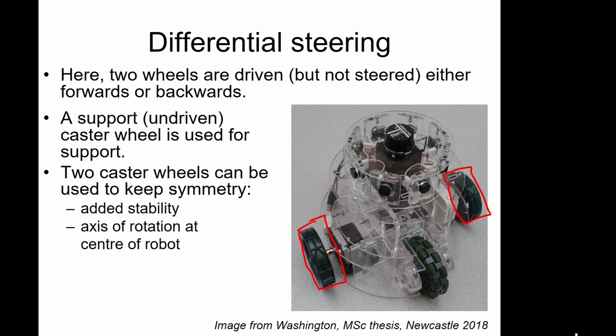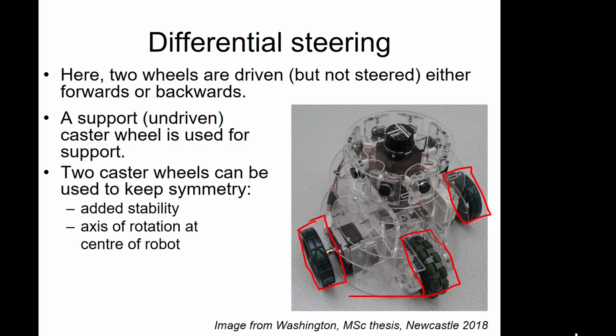Now we said for static stability we need at least 3 points of contact. So we've got here essentially a free wheel to roll and just support the robot. This can be a caster, or in this case it's an omnidirectional wheel.